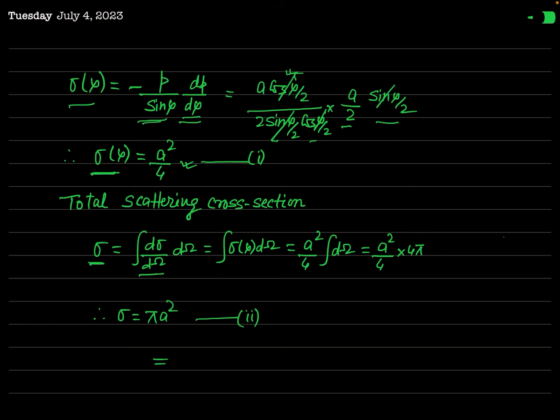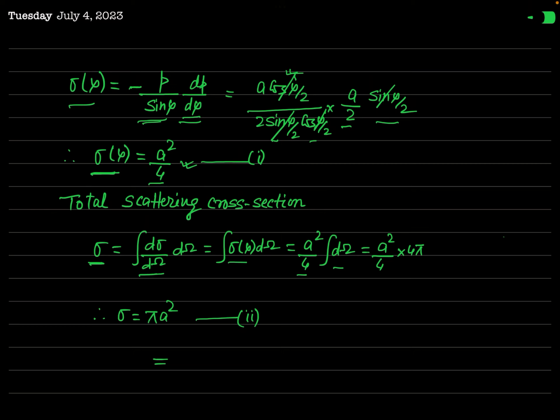So sigma is written as integral of d sigma by d omega d omega. And d sigma by d omega is sigma phi, and sigma phi you have obtained. This is A square by 4, which is constant. So let us bring it outside of the integral. So this will be A square by 4 integral of d omega.